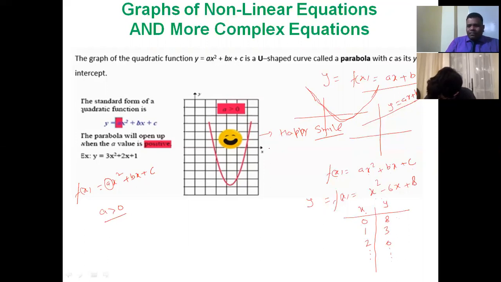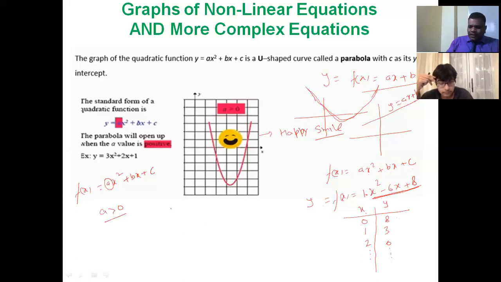So the parabola will open up if a is positive. Like in this example, what is a? Can you tell me the value of a here? a is 1, and 1 is a positive number. So the parabola will open up.